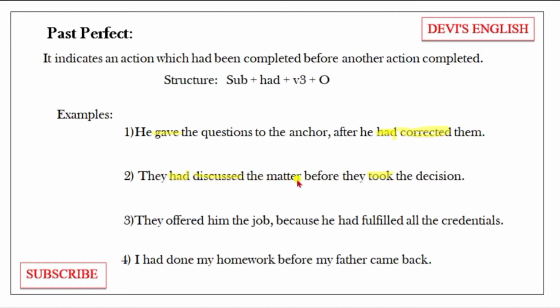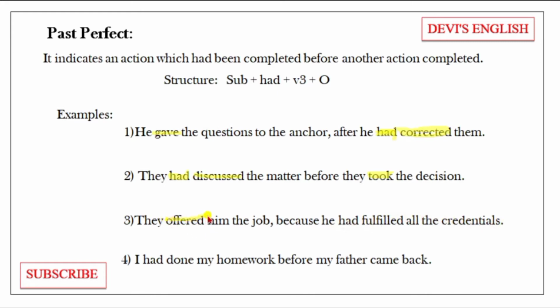They had discussed the matter before they took the decision. So the earlier completed action is they had discussed the matter. The past action is they took the decision. Then we are constructing past perfect tense. And one more example, they offered him the job because he had fulfilled all the credentials.